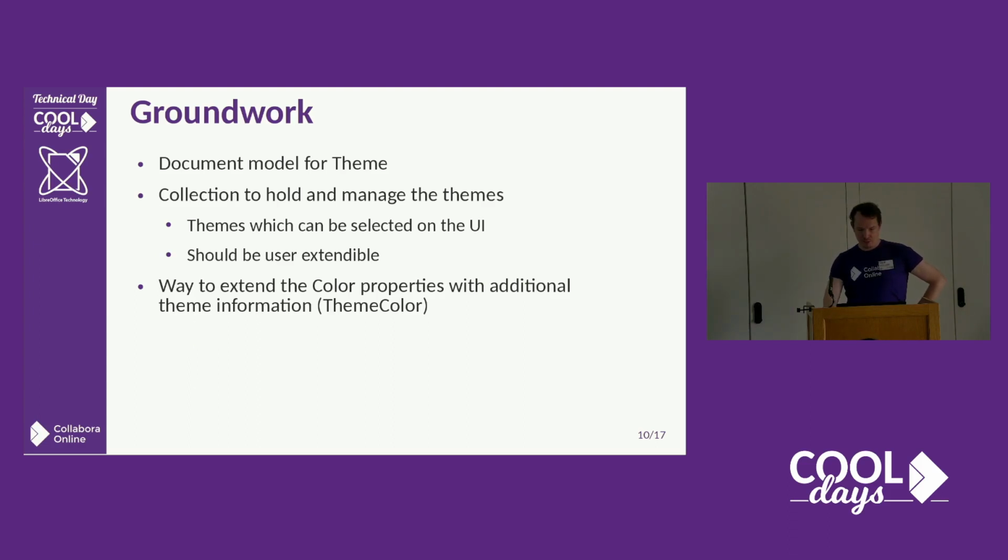We need some collection or framework so that we can manage the themes. We have predefined themes, but it should be user expandable, so the user can add their own themes if they want to. And we have a way to change the color properties of a theme.